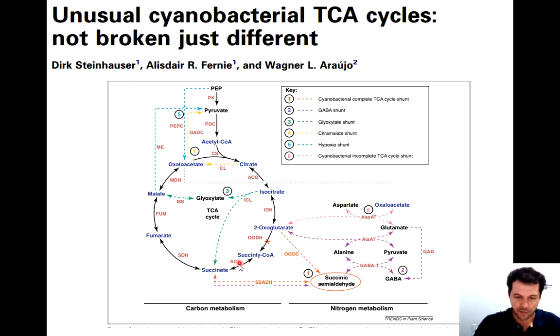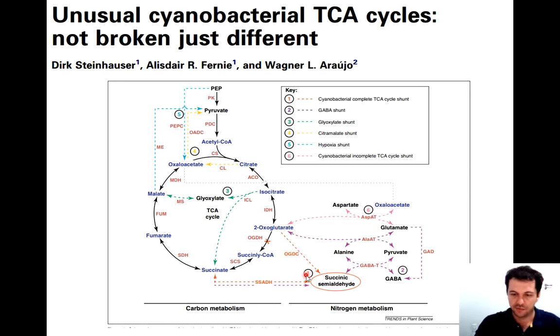But notice that you have many reactions that can occur in both directions. So this makes it more complicated to understand in which way the TCA cycle is working, because it can go forward, it can go back. Okay, and here you have at least six types of modes in which the TCA cycle is working. So some are complete, TCA cycle short, which is this one here, the 6.